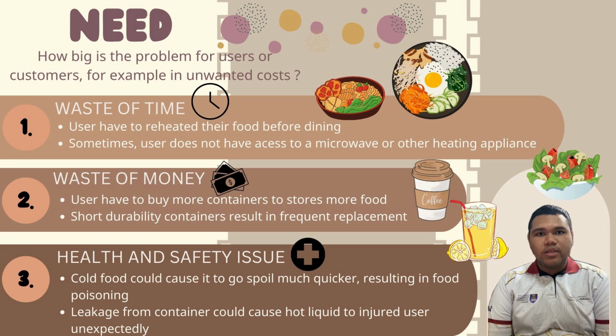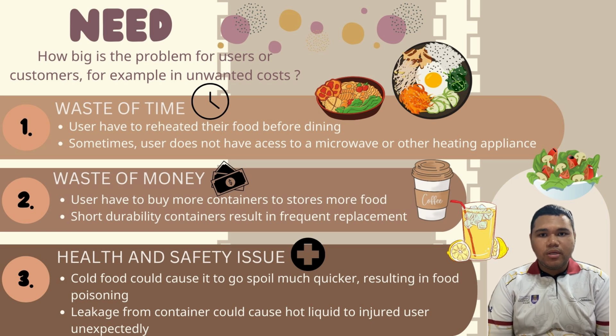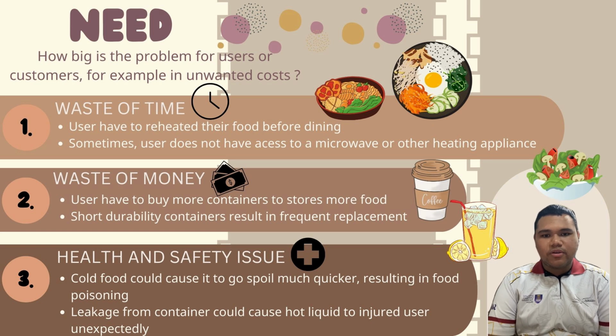So meaning that they need to have a way to eat quickly, but since the food has now gotten cold, they have to heat it. For workers, they may have access to a microwave in their break room, but for students, they do not have any access to a heating appliance to heat up their food. Now the second problem is waste of money. For this, users have to buy more containers to carry more food with them.